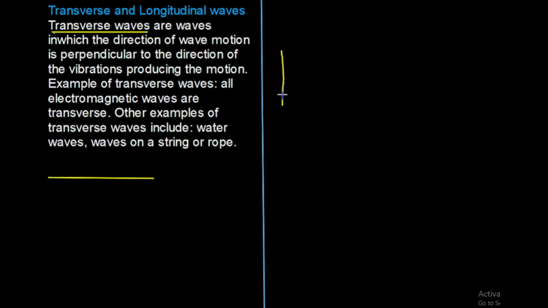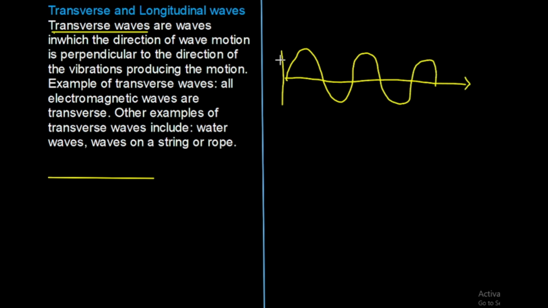Okay, this can be illustrated using this diagram. Let's say this is what we have for our transverse wave. This is how the wave travels. It travels in this direction. Alright, so the wave travels in this direction. This is the direction of wave motion.